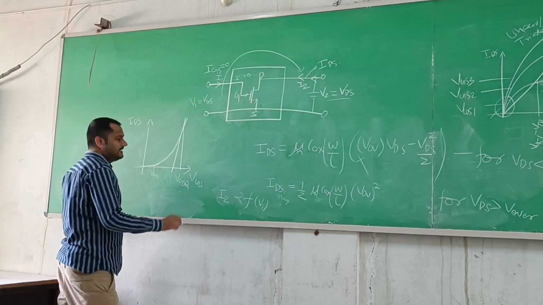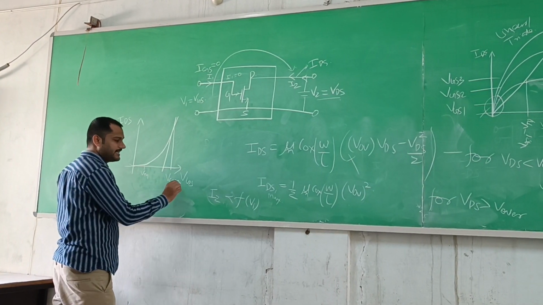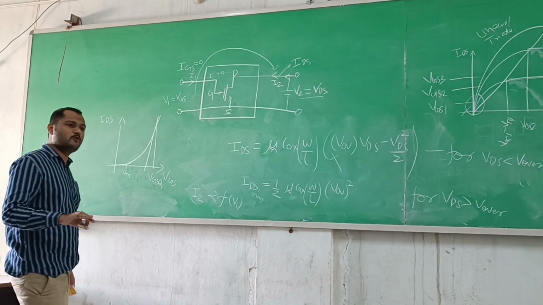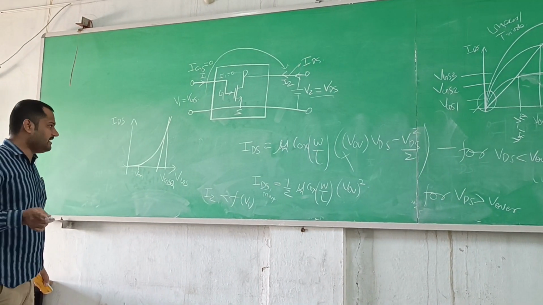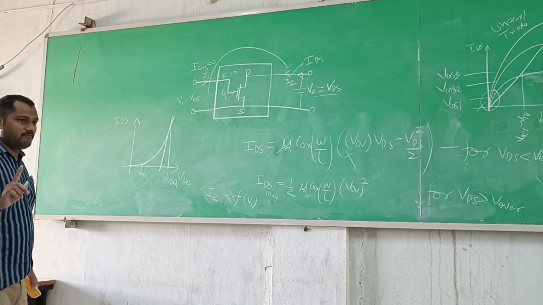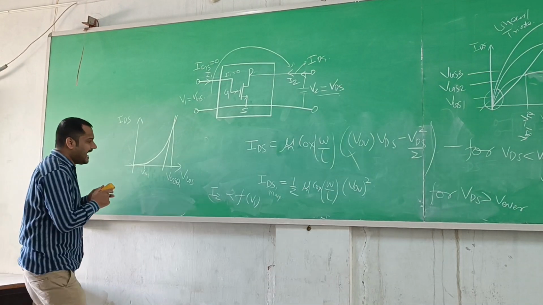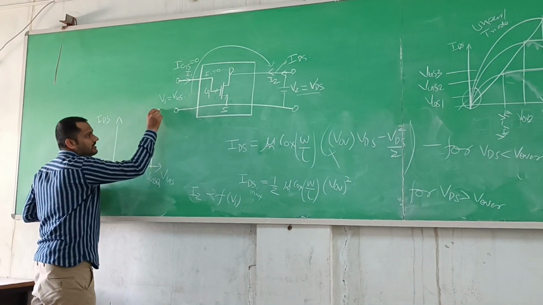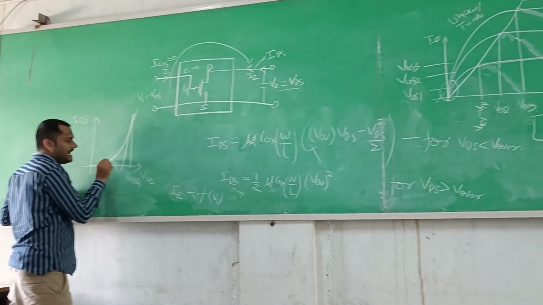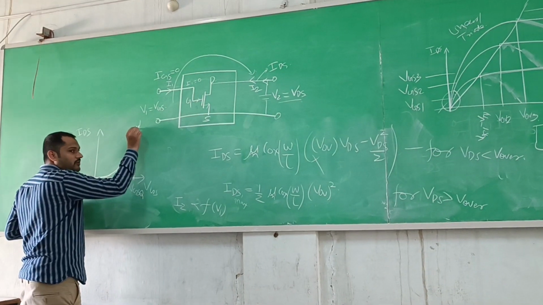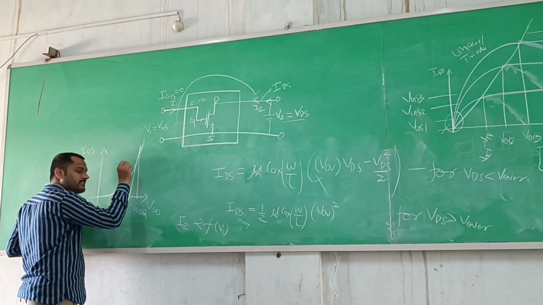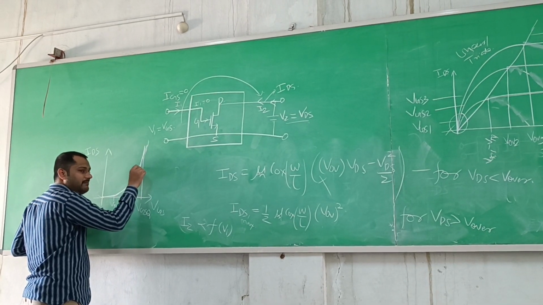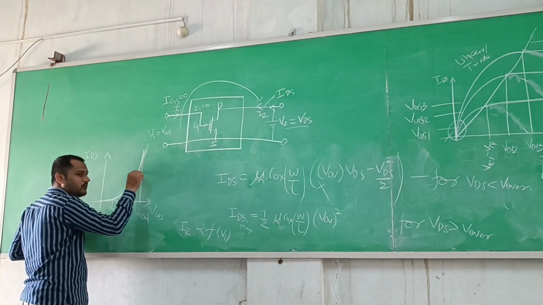And this GM is called the transconductance. We will assume this GM is a variable, but we will assume that GM to be a constant. Why are we assuming? For small signal. Suppose there is a car driving through a curvy road. For the car, the road seems to be curved, but at the same time, a mouse is walking on the road.